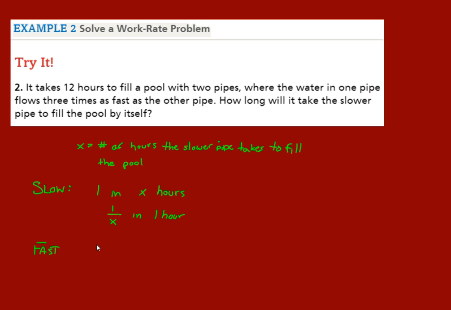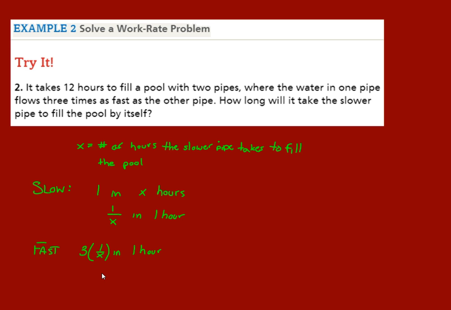So we know that it's going to be 3 over x in 1 hour, because it's 3 times as fast, 3 times this. I'll show that here in a second. It'll be 3 times 1 over x.